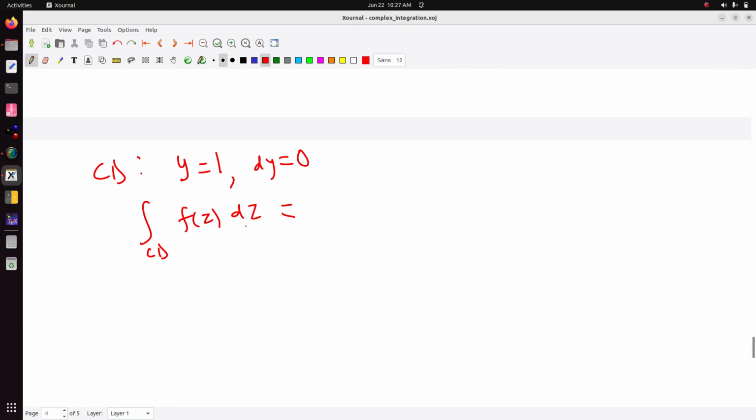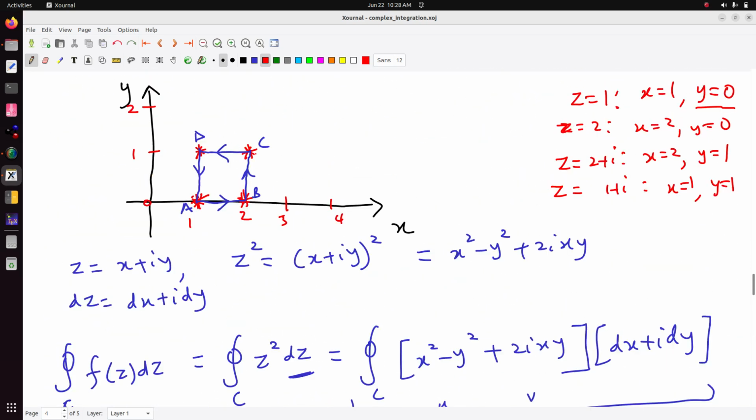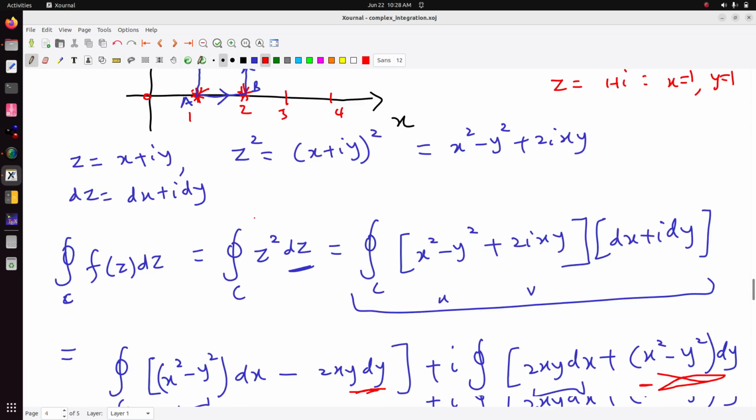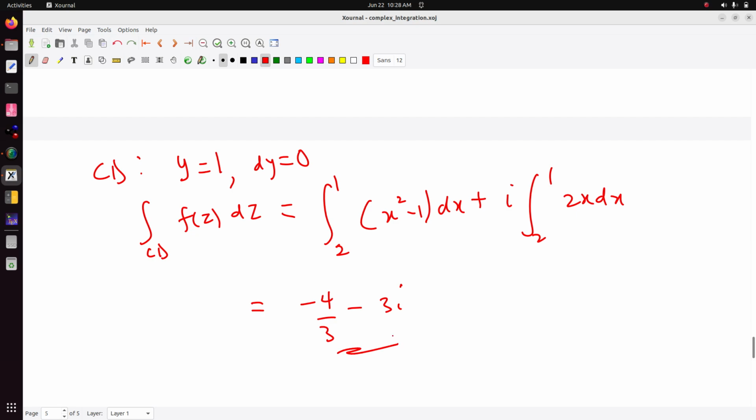If you carry out the arithmetic, you obtain the integral from 2 to 1, since x is 2 at point C, while x is 1 at point D. You'll be left with x squared minus 1 dx plus i integral from 2 to 1 of 2x dx. And if you carry out the integration, you obtain minus 4 over 3 minus 3i.